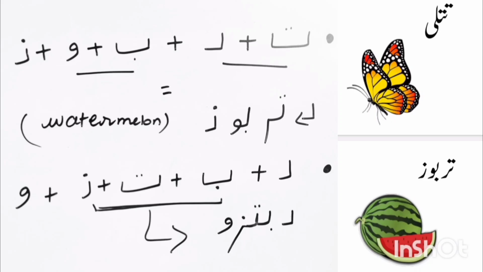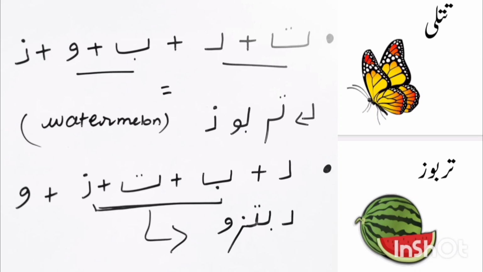Below I have given an example: re, be, te, ze, and wow. You can see how the combination happened. I told you about the boat family, where there are boats, like be, te, pe, they get attached easily. So re is written as re, and be, te and ze are written together here.